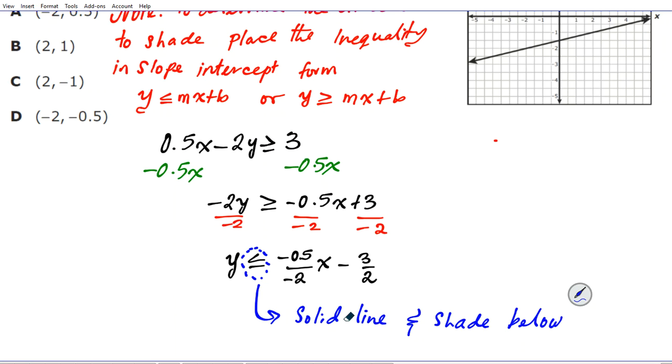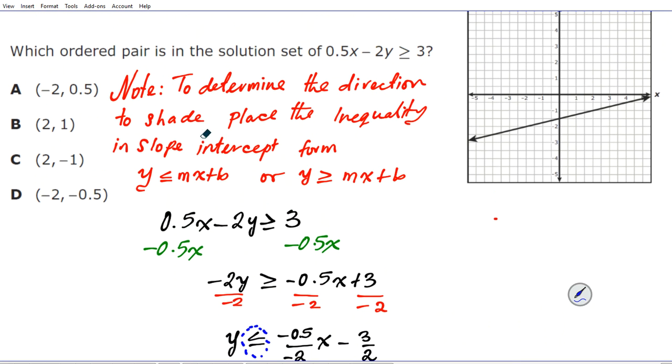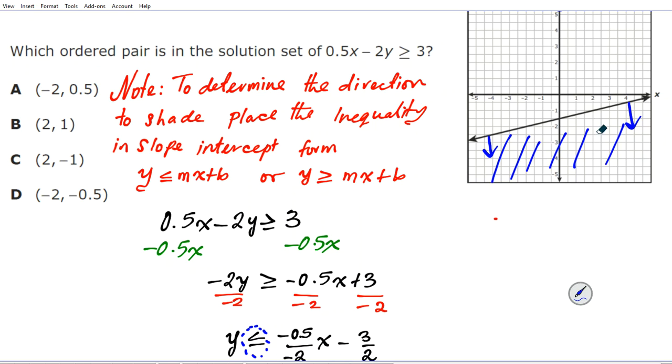It means that any point on the line or below the line will satisfy the inequality, or in other words, is a solution. So let's see which of these points either fall on the line or are beneath the line. Talking about shading, our solution region is going to be down here. If we shade everything here, including the line, that should satisfy the inequality.